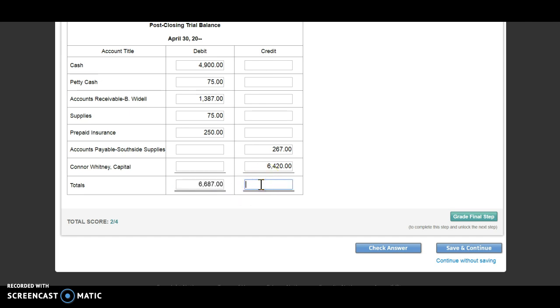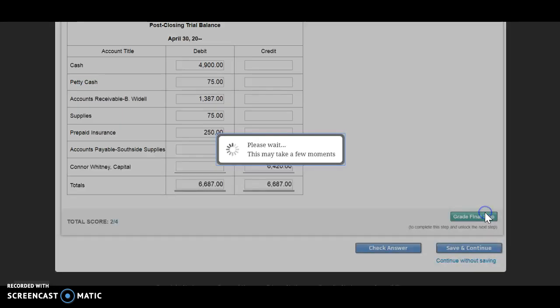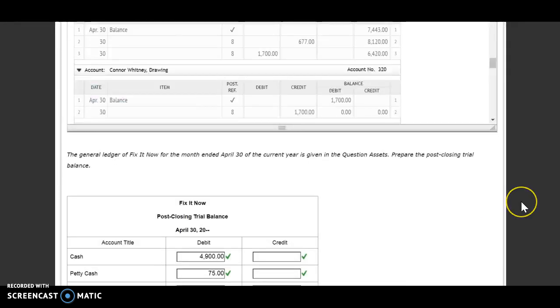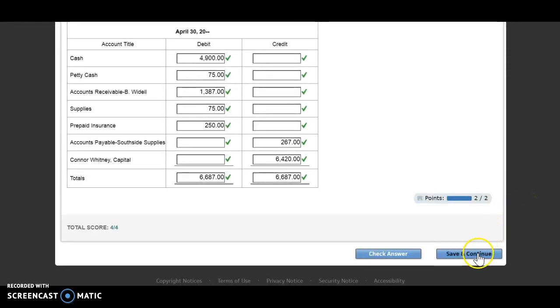I'm going to find my total of my credit side. And my credit total is $6,687. So my debit equals my credit here. I'm going to grade my final step. And save and continue.